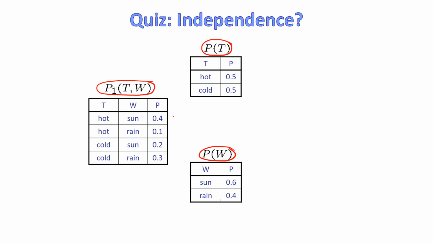Okay, so you're saying that if they are independent, the probability of hot and sun should be 0.3. How did you do that? How did you get that? No, just step by step, Faisal. Okay, so you said that the probability of hot and sun should be 0.3, right? How did you get this 0.3?